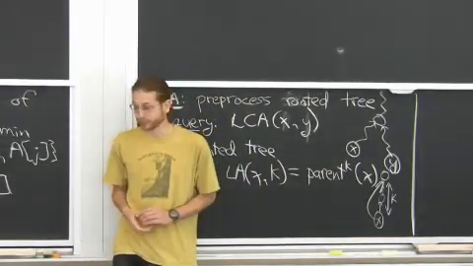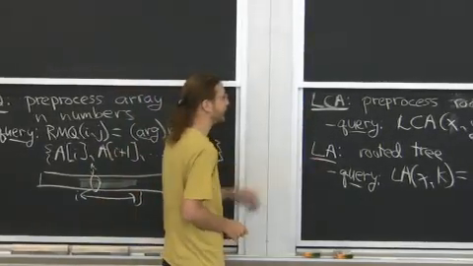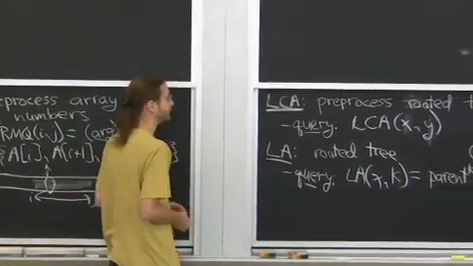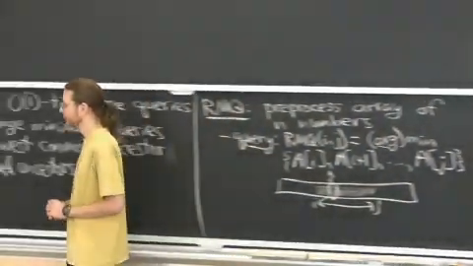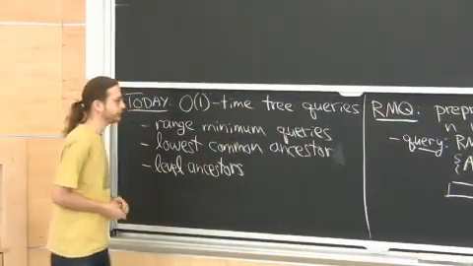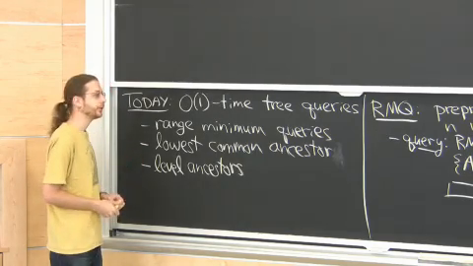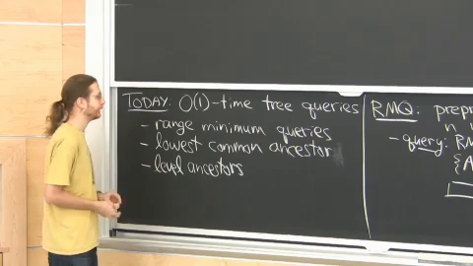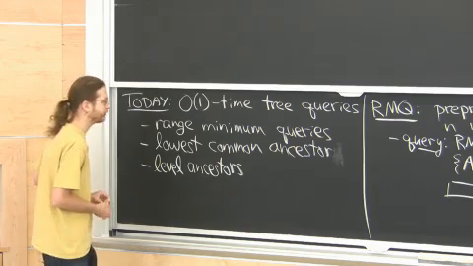So these are the three problems we're going to solve today: RMQ, LCA, and LA. Using somewhat similar techniques, we're going to use a nice technique called table lookup, which is generally useful for a lot of data structures. We are working in the word RAM throughout, but it's not as essential as it has been in our past integer data structures.